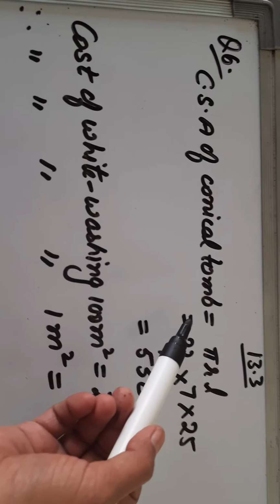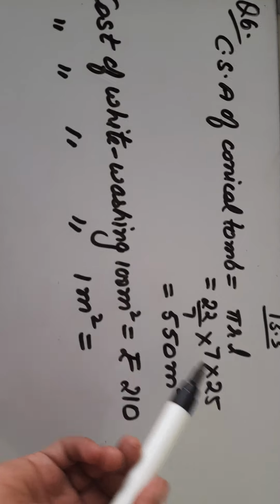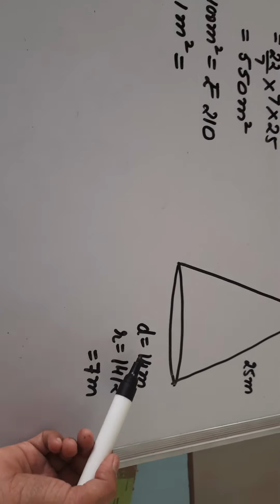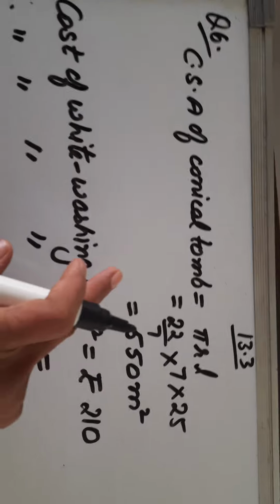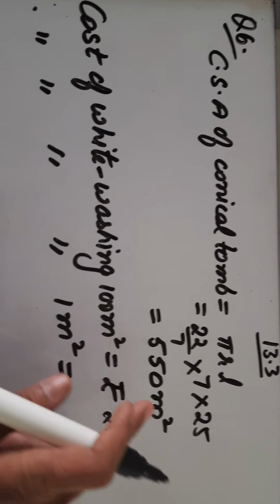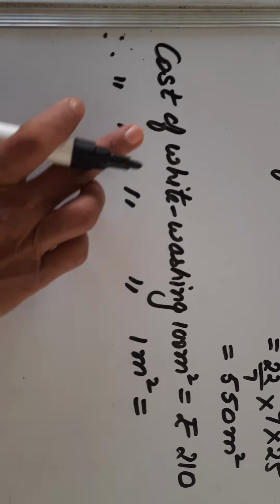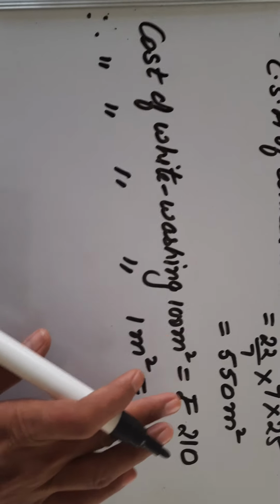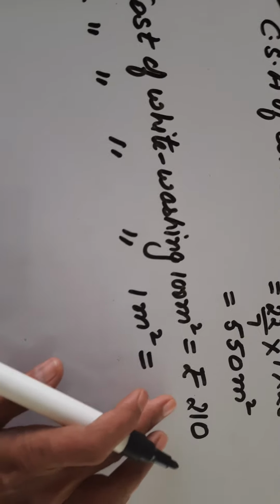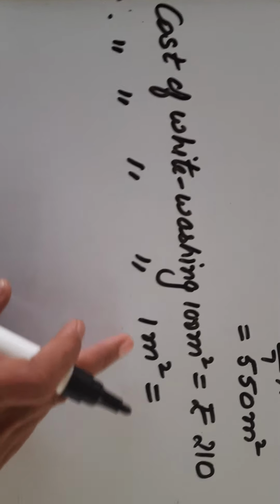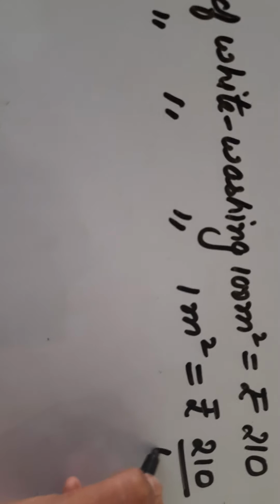Curved surface area of conical tomb, pi r l. Just put the values of slant height and the radius in the formula to get the CSA. It is 550 meters square. Now let us solve the further part. Second part: cost of whitewashing 100 meters square is given to us as 210 rupees. So first we'll find out the cost of whitewashing 1 meter square. That will be 210 by 100.